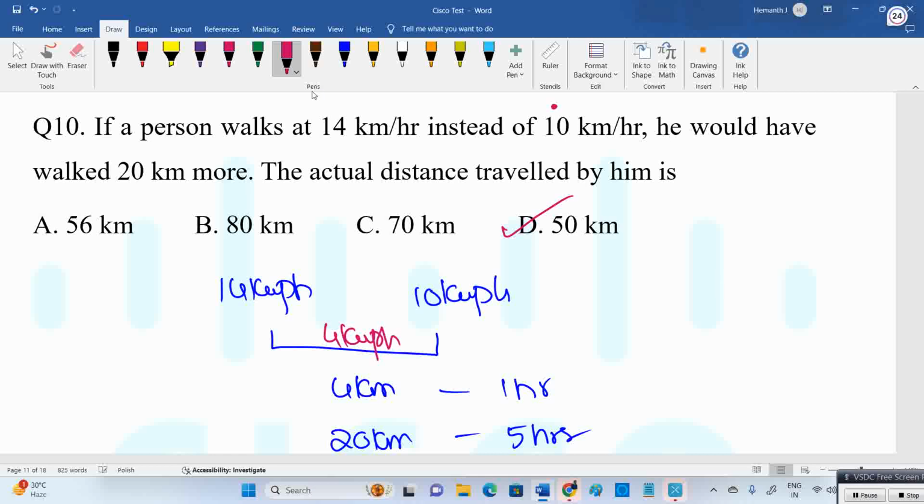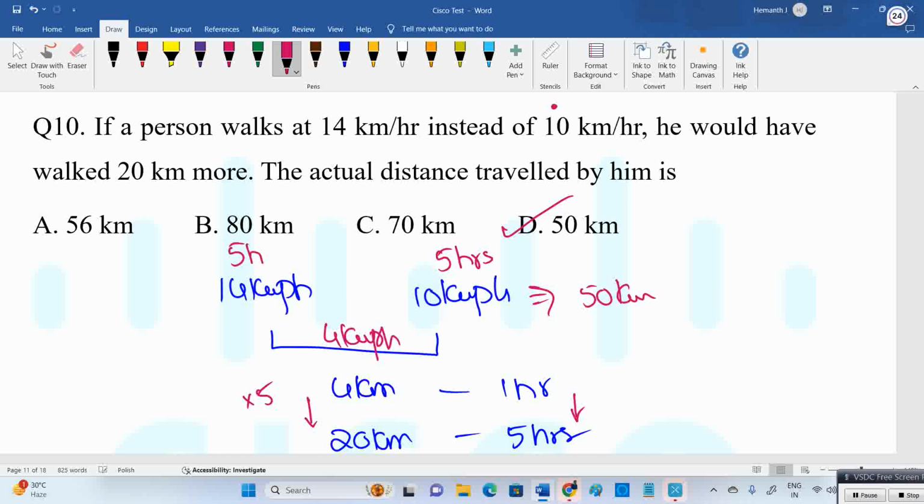With 4 kilometer per hour as the difference, with the new speed you can travel 4 kilometers extra in 1 hour. But I want how much more? They said in the question 20 more. That will happen in 5 hours. Both traveled 5 hours. With 10 kilometer per hour for 5 hours means 50 kilometers.